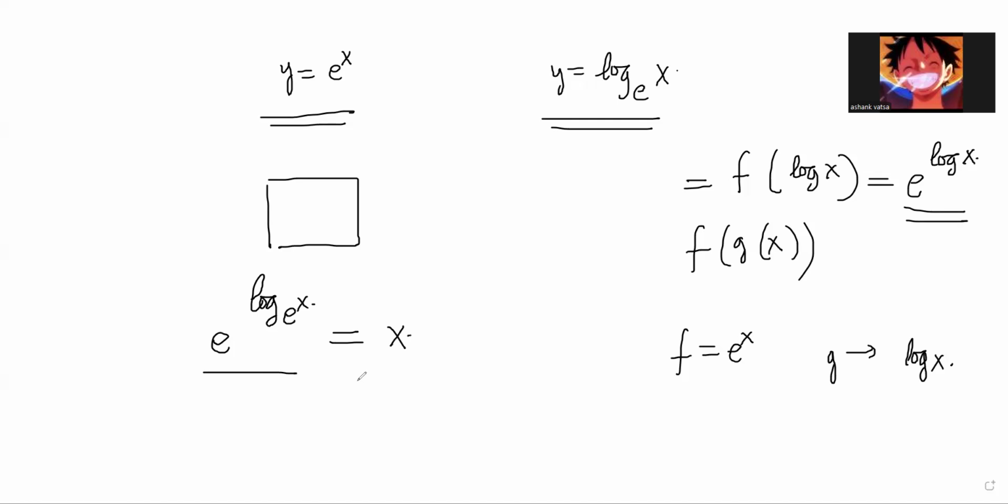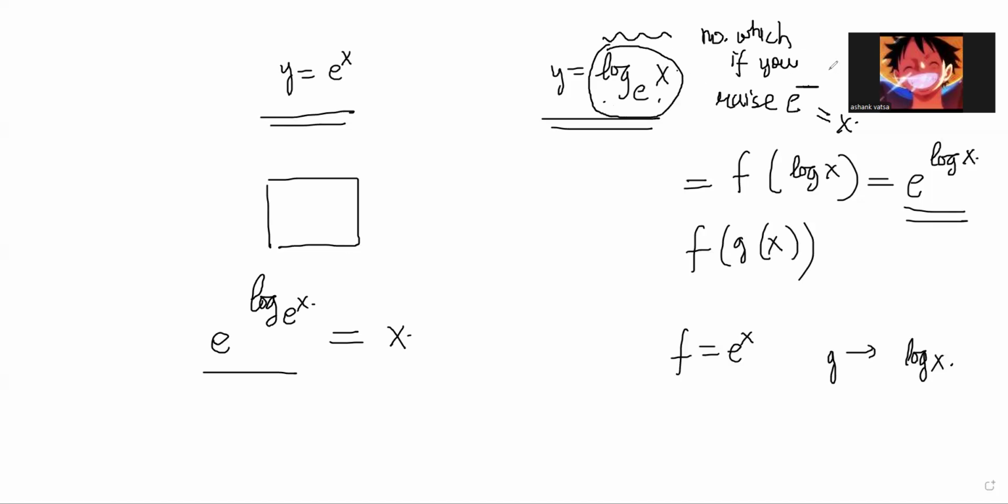Why? Because the meaning of logarithm is that log base e x is the number which, if you raise e to that number, it should give you x, right? So log e x is that number.